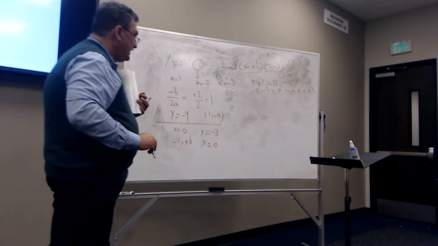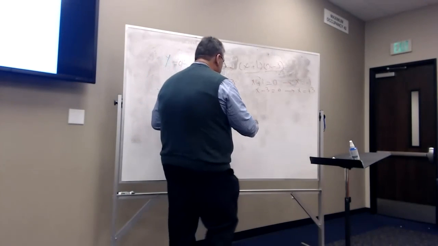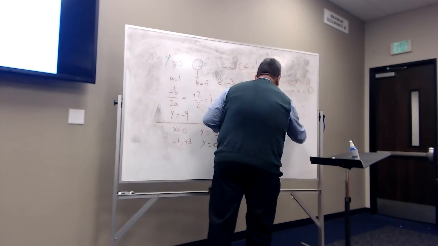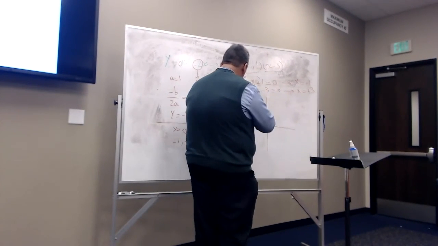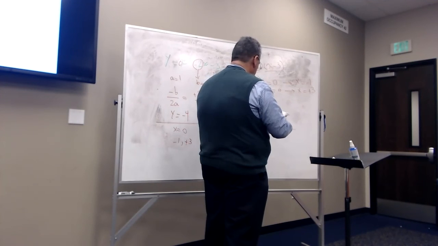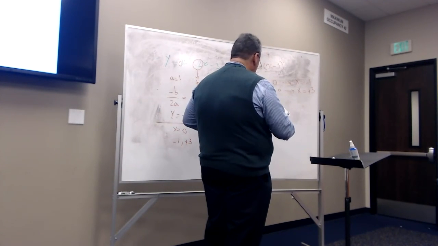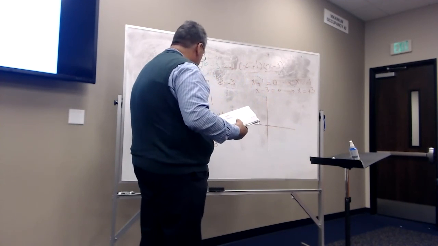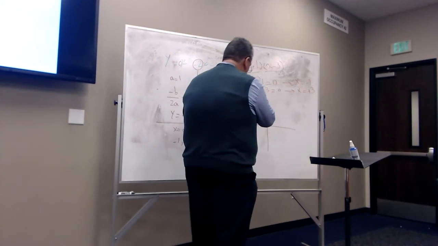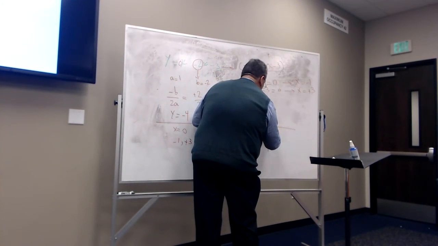But here it is. If you draw the coordinate system, the vertex, which is pointed upward, is (1, -4). So 1, then 1, 2, 3, down. This is the vertex.